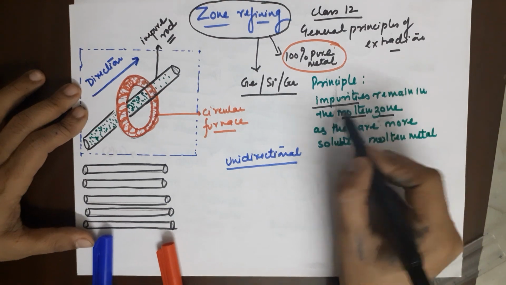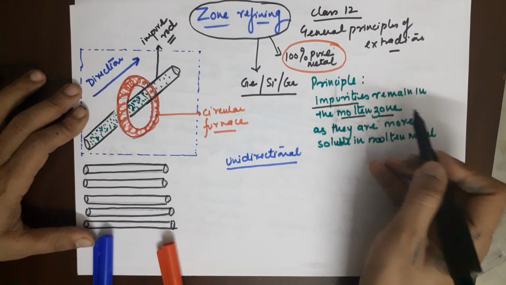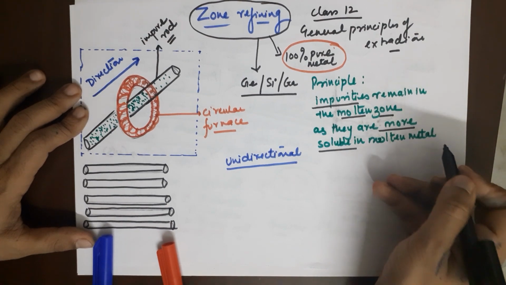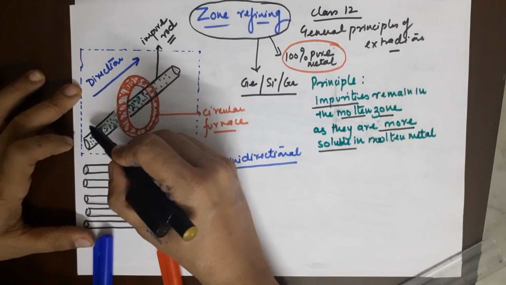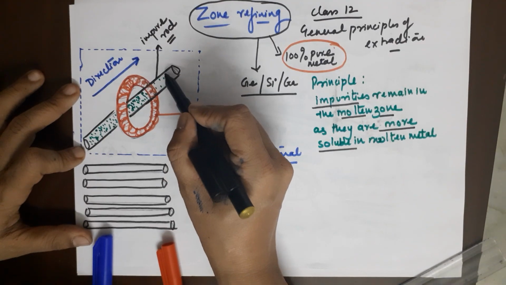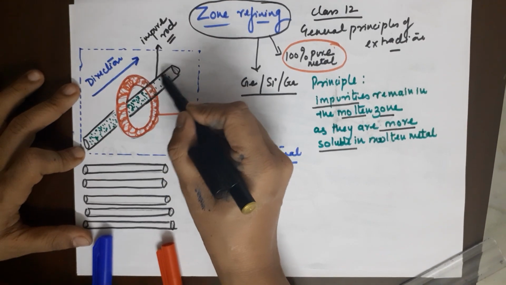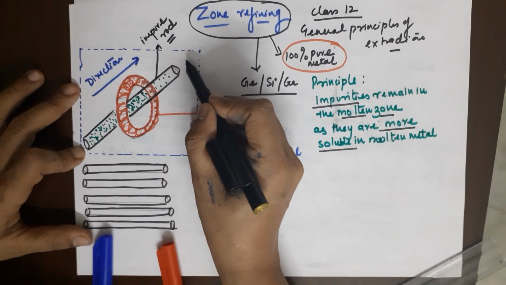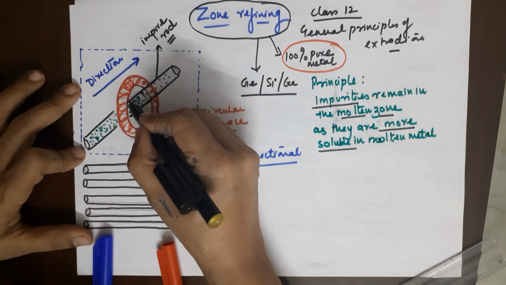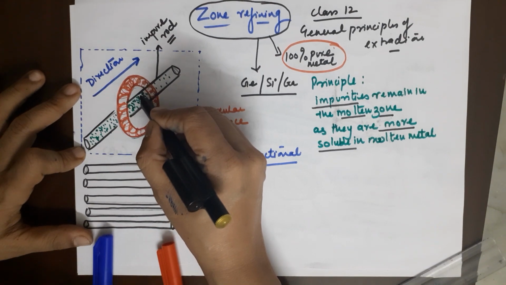The impurities tend to remain in the molten zone because they are more soluble in the molten zone. If I am passing this rod in this direction, the impurities, which are these dots, are lesser as they pass through the molten zone, and in the molten zone the impurities are more.